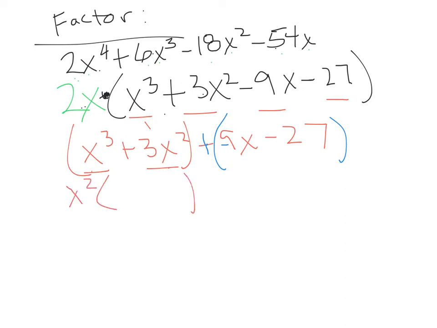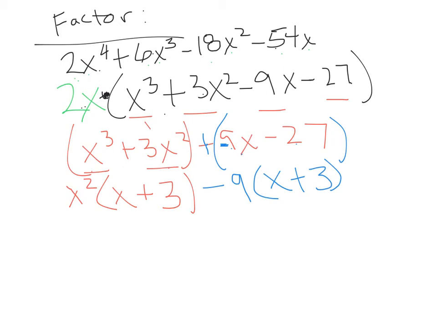And when I look at what's left, I see an x plus 3. Looking at my next two terms, because this leading term is a negative, I want to factor a negative out. 9 goes into both of these, so I'm going to pull out a negative 9, and I am left with an x plus 3. So factoring that negative out is going to change that to a positive.